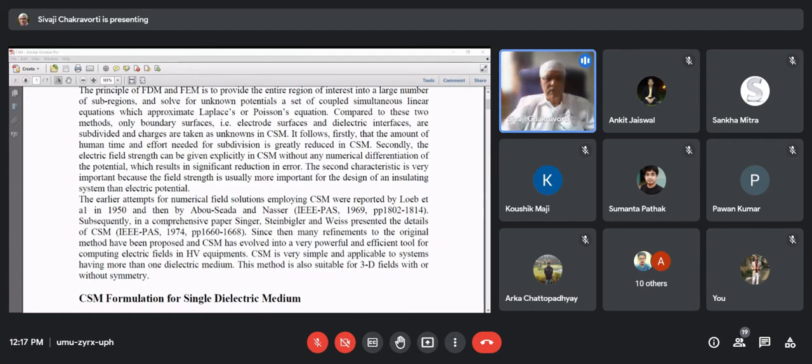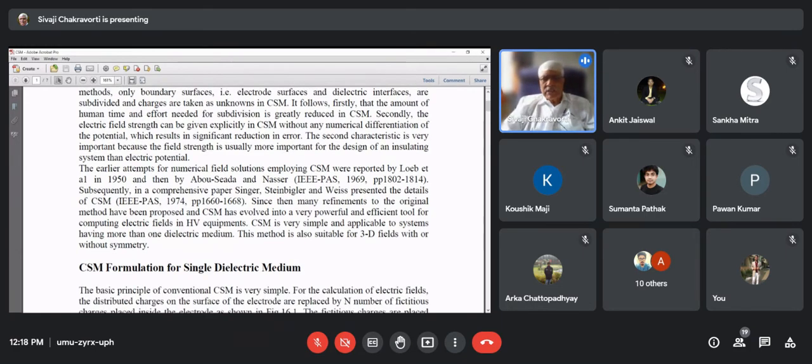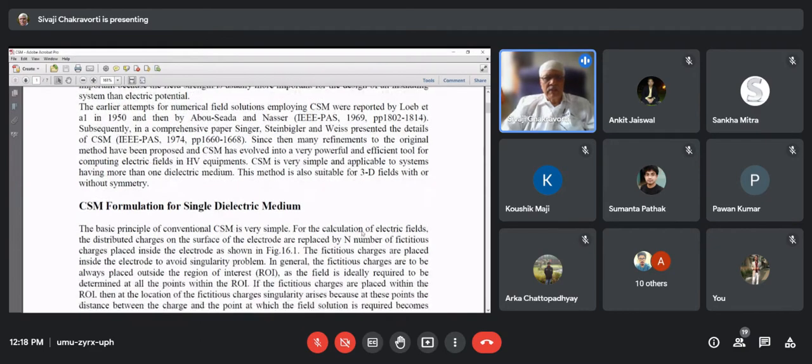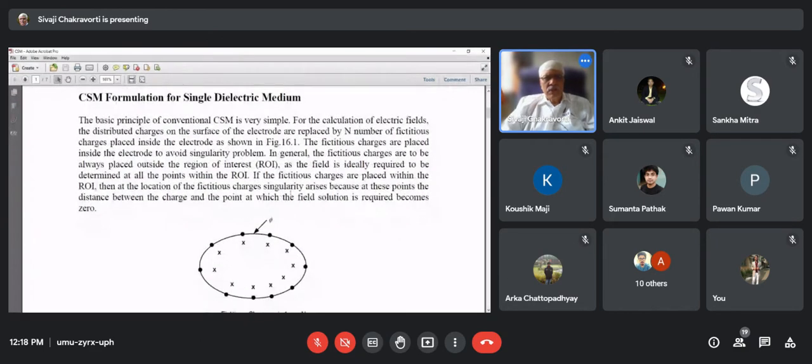So now let's move on to our course. This history part I have already talked about, so I go straight to the formulation: what is the basic formulation of the charge simulation method? The first very important point to note is that it is not based on any differential equation technique like Laplace's equation or Poisson's equation.